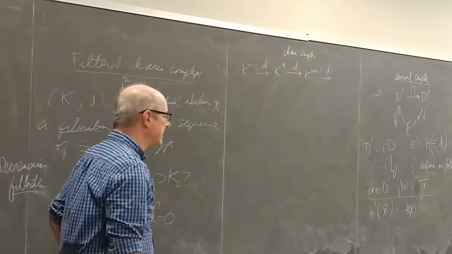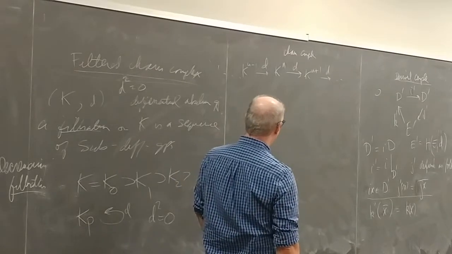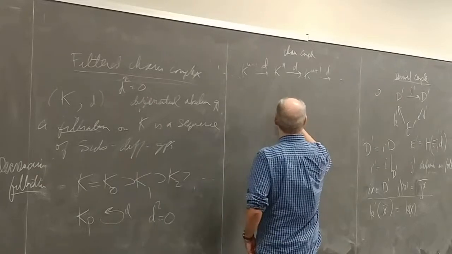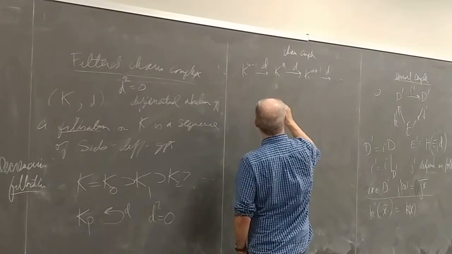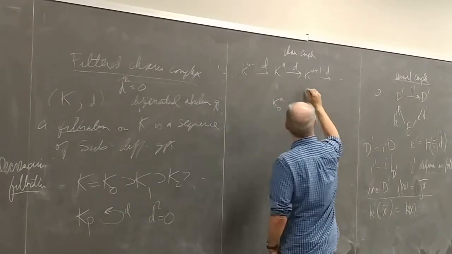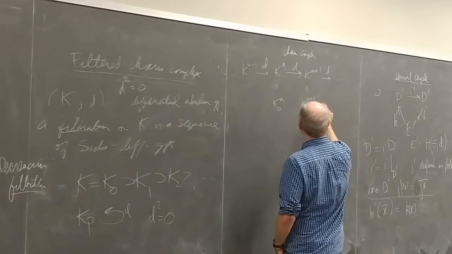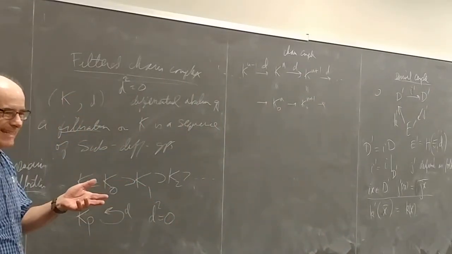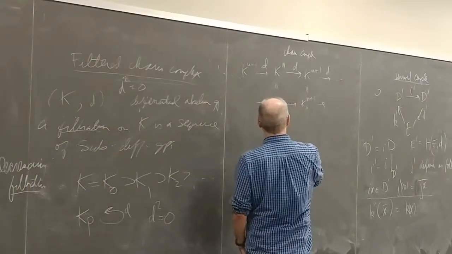I'll use the terms dimension and degree interchangeably. Now I'm supposing that K is filtered, and I'm going to use the superscript for the degree or the dimension, and the subscript for the filtration.